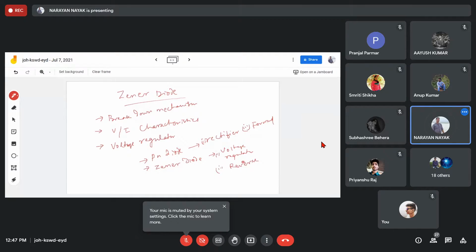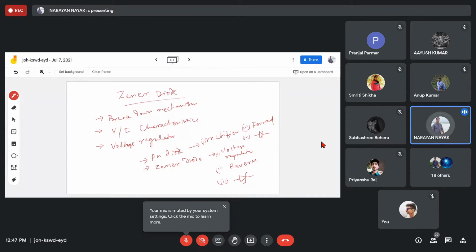Okay. And the symbol of the PN diode is like this. But the symbol of the Zener diode is like this. This is your Zener diode. This is your PN diode. Okay.